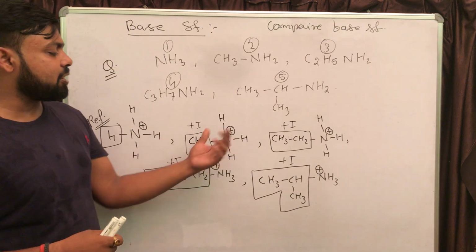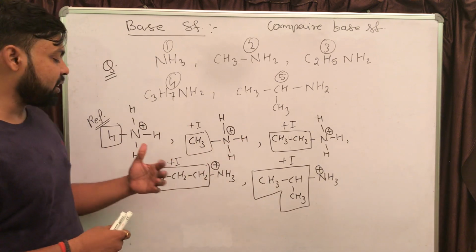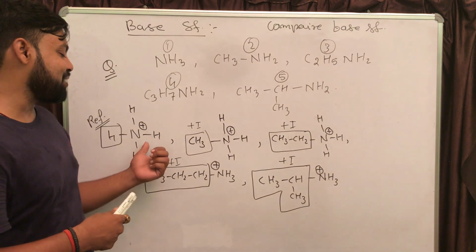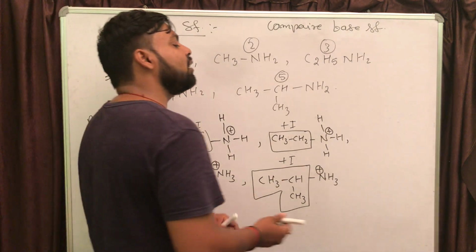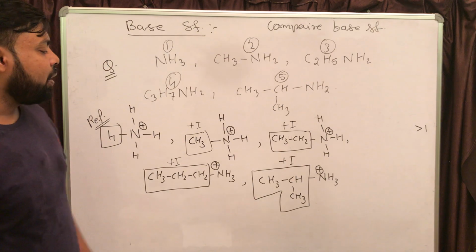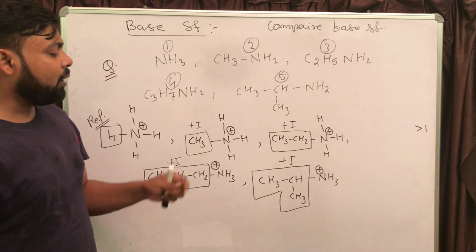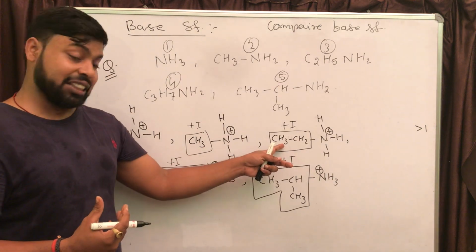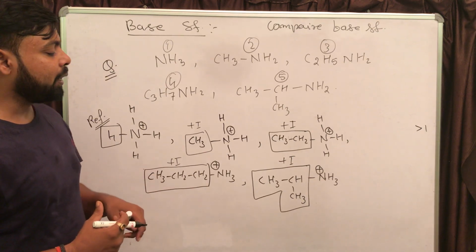So in these four cases, second, third, fourth and fifth, the magnitude of positive charge is going to decrease, but in the first one there is no effect on the magnitude of positive charge. So I can say the maximum magnitude of positive charge is going to be in the first one, so it is going to be the least stable. The first conjugate acid is least stable. Now if you want to compare the second, third, fourth and fifth, definitely the plus I power, the electron donation ability of methyl is less than ethyl, and the electron donation ability of ethyl is going to be less than propyl, right?